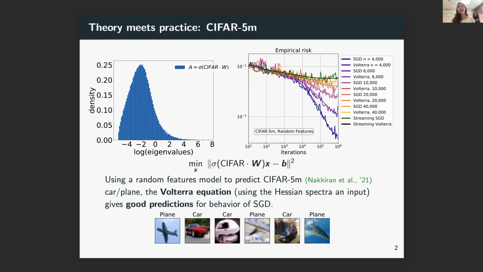I'm running my SGD algorithm, so it's the number of iterations and distance to optimality. What you'll see is the squiggly lines are what SGD is producing, and the smooth curve is my prediction. So I predicted that curve without ever running it, even using real data.